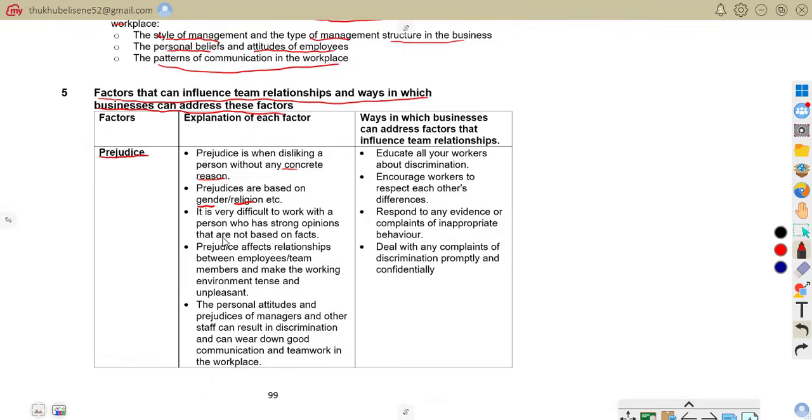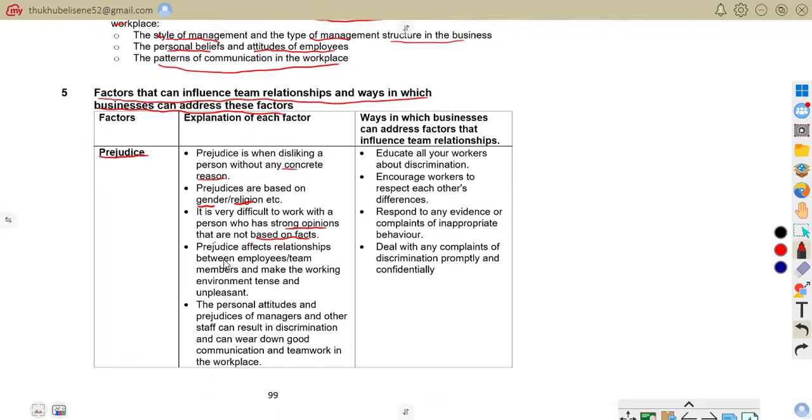It is very difficult to work with a person who has strong opinions that are not based on facts. They are very biased because you are having very strong opinions that do not have facts.